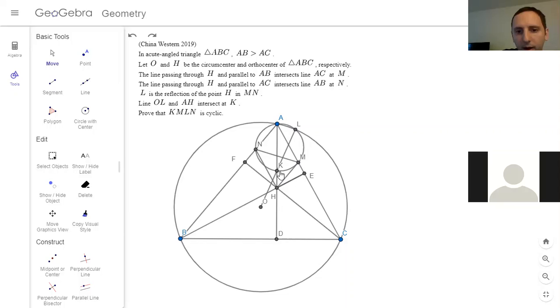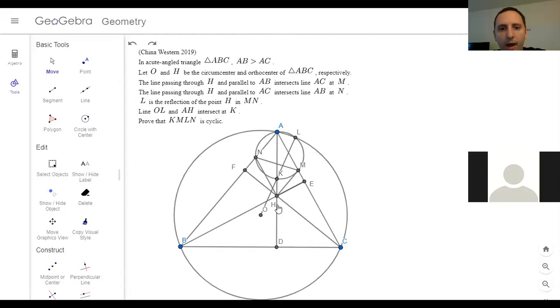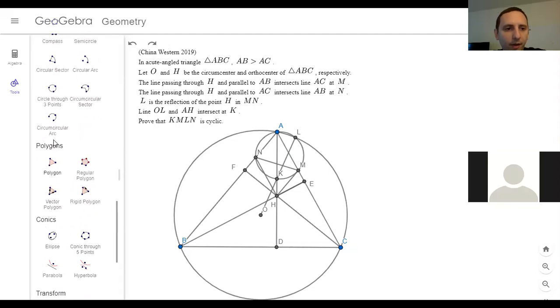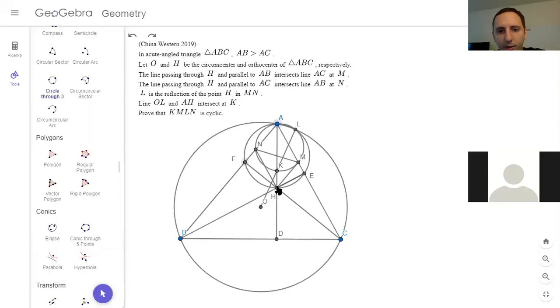Now we have to show that K lies on the circle. Is that obvious? I think it might be. L does lie on the circle with diameter AH. I don't know the proof yet, but it does.